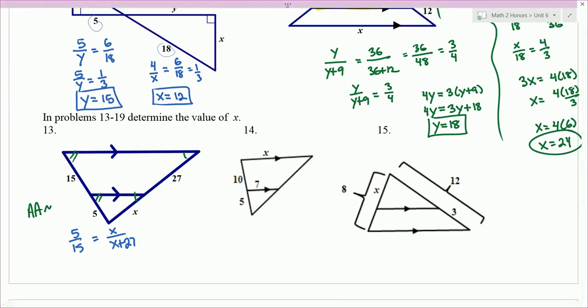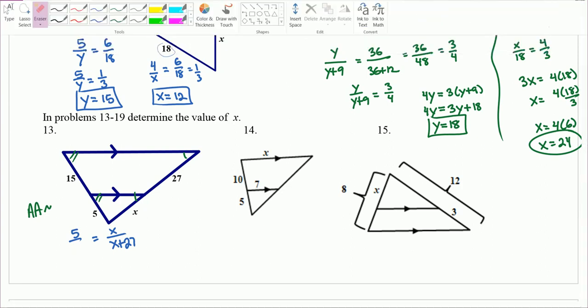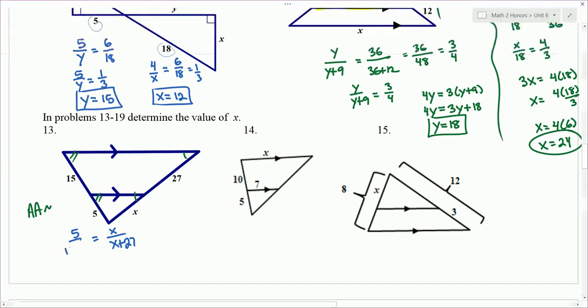Ooh, I messed up here. Should be 5 to 15 plus 5. Small to big. Right, here the large side is 20.